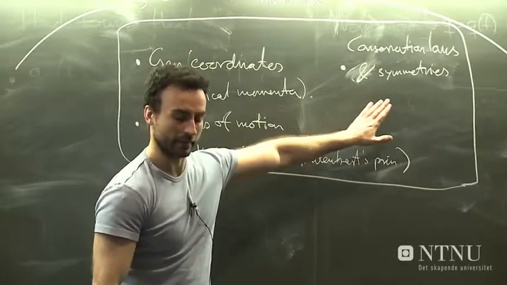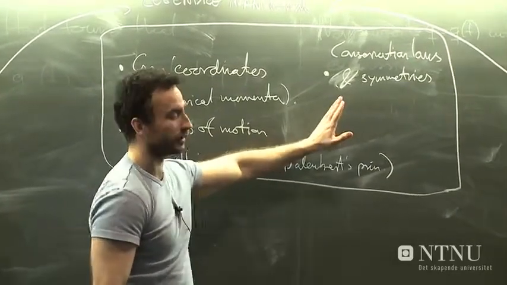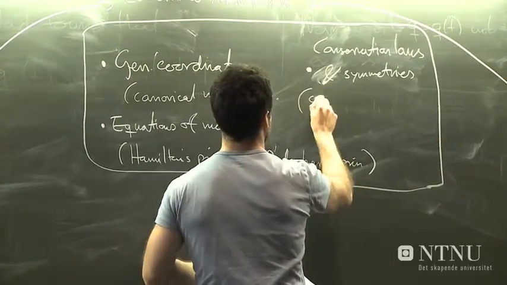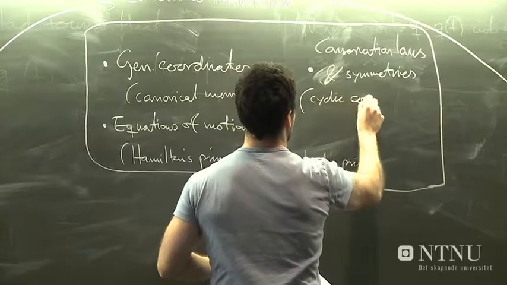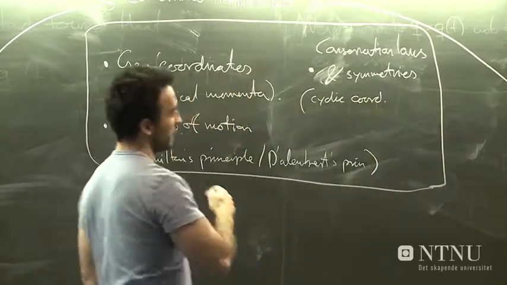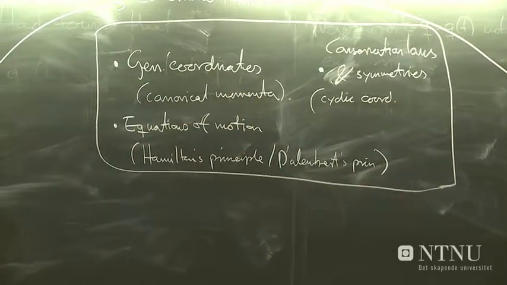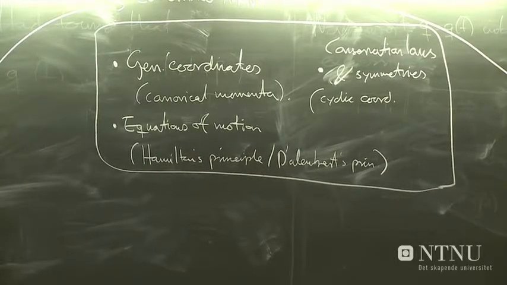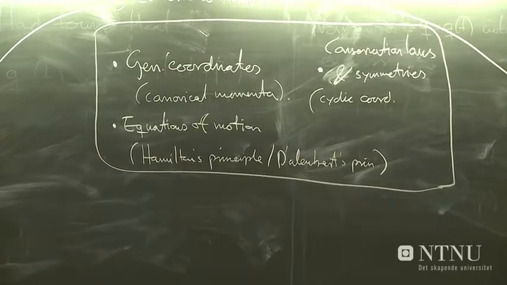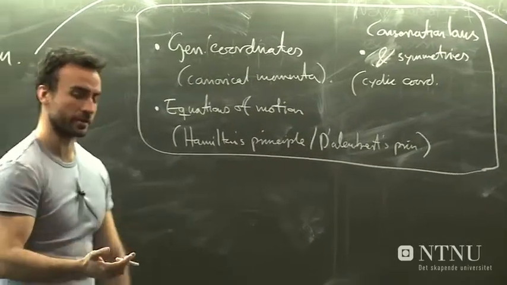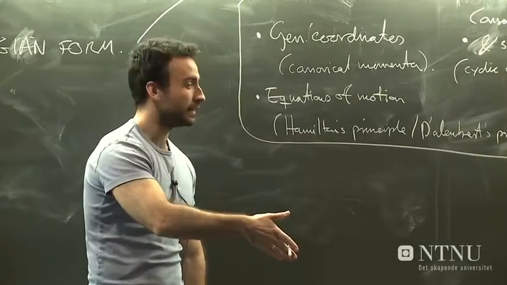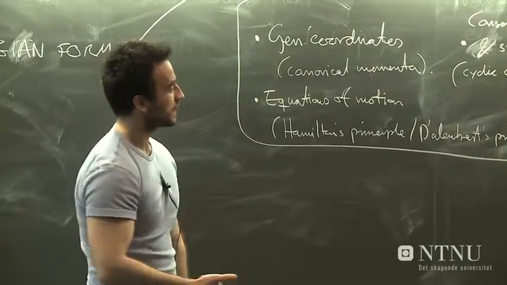And let me also mention a couple of concepts which are important related to this. We've talked quite a lot about cyclic coordinates, which is related to the symmetry of the Lagrangian, for instance. So if we have a cyclic coordinate, then the corresponding canonical momentum is conserved.